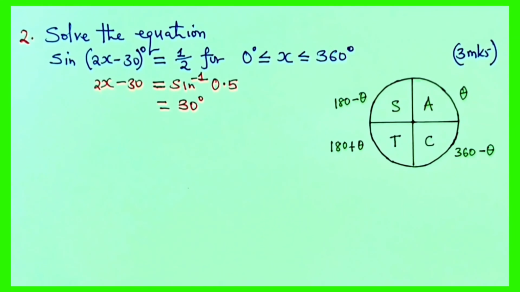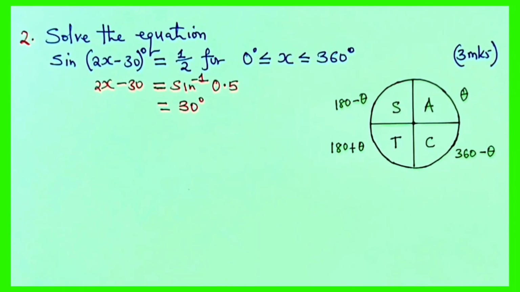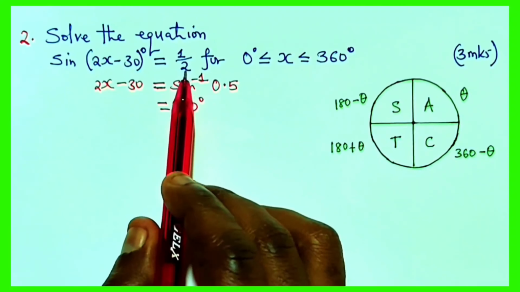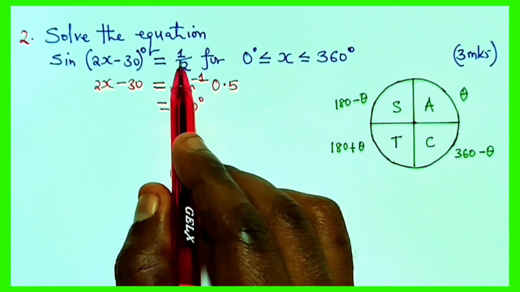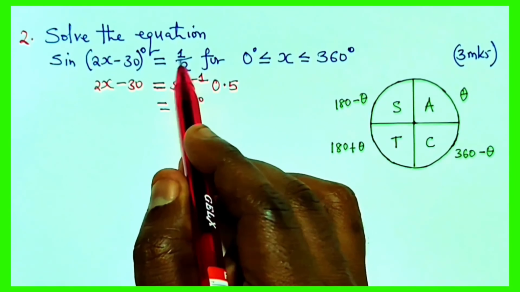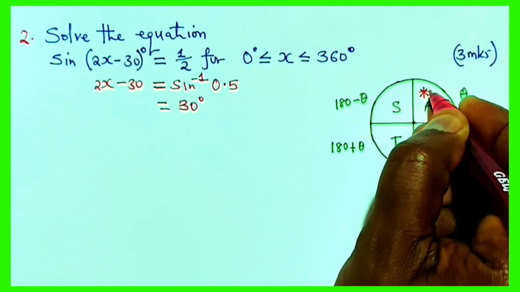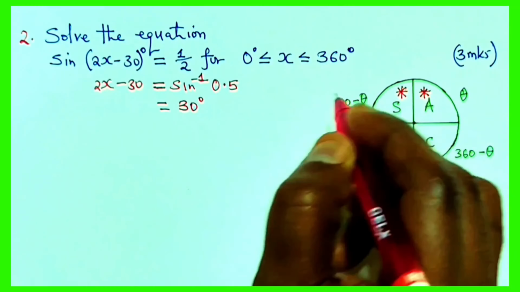And then we consider on the unit circle that since the sine of 2x minus 30 degrees was equal to a half, that is a positive number, and therefore it will be found in the first quadrant and also in the second quadrant.